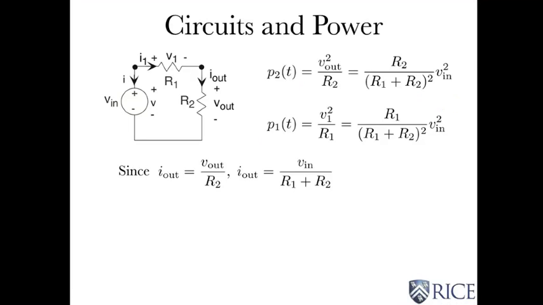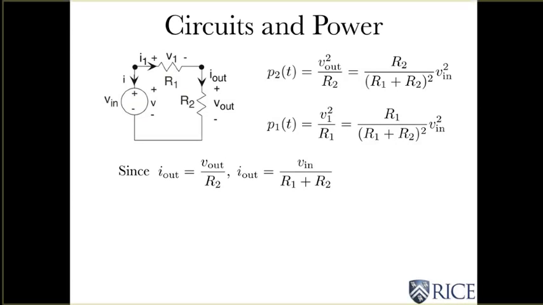Now, the output current is what we need. We have the voltage V, that's just given by the source, and we need to find the current I that's going in. Well, for a series combination, I think it's pretty clear that I1 equals I out, and that I is equal to minus I1.